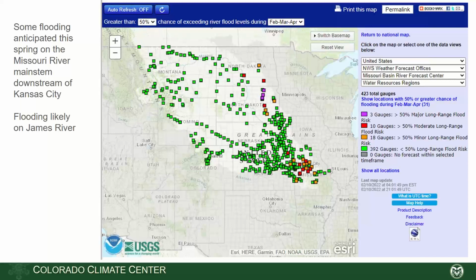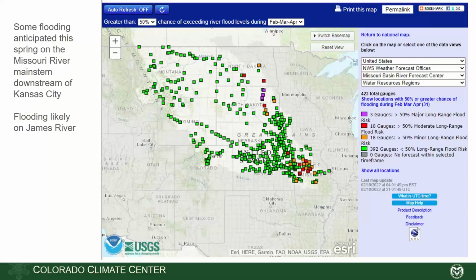It's nothing special. Of course, if you're caught in a flood, it is special, but it's nothing out of the ordinary for the lower part of the basin to have a little heightened flood potential in the spring. Overall, though, the Missouri Basin has a less than normal likelihood of flooding at this point.